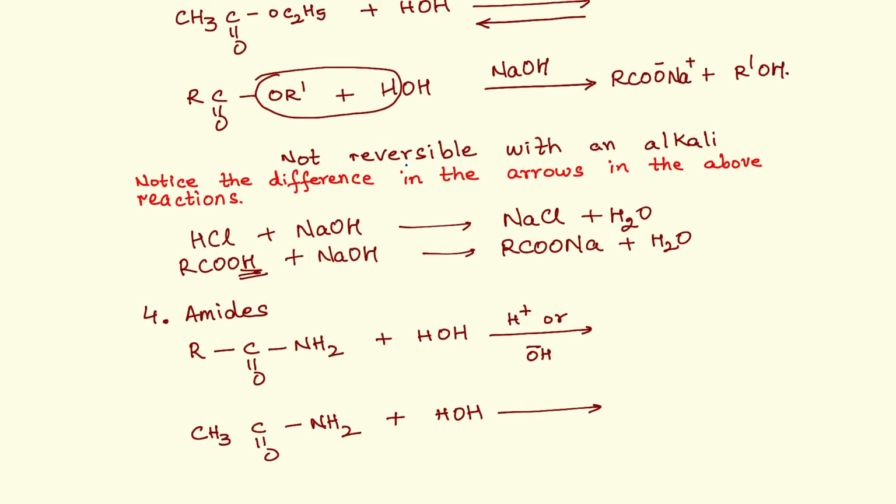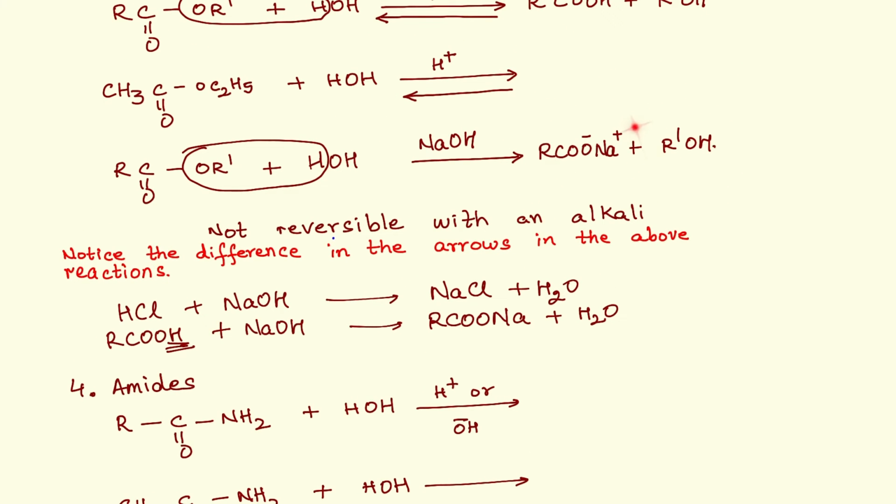So, we are going to get the sodium salt of the carboxylic acid, and from this I can obtain the acid by simply treating it with a mineral acid. So, RCOOH plus NaCl. This is how we prepare carboxylic acids from esters using an alkali.